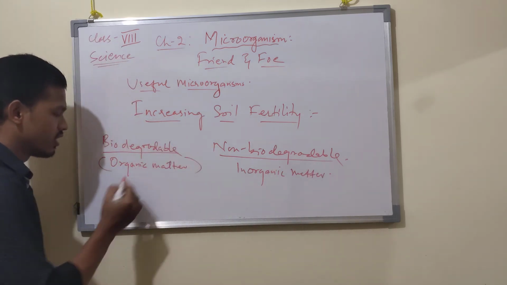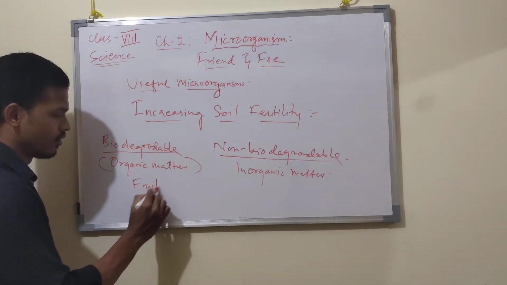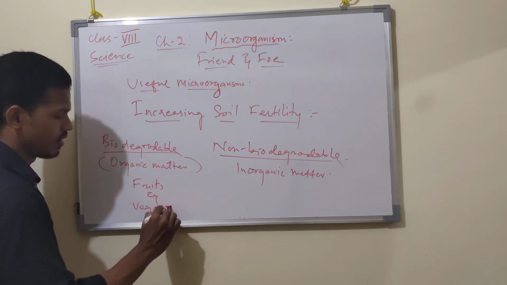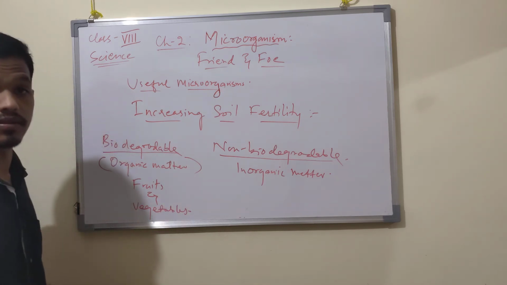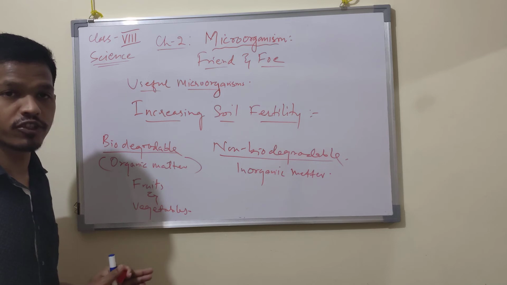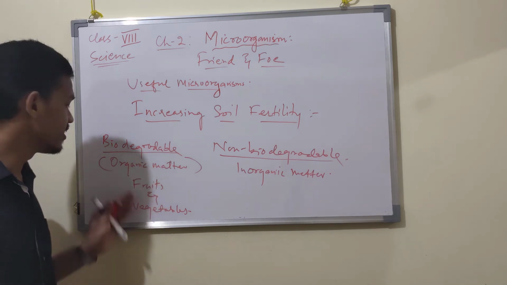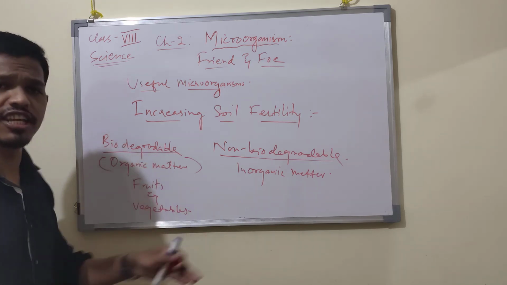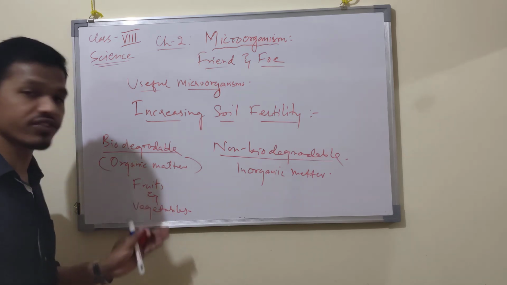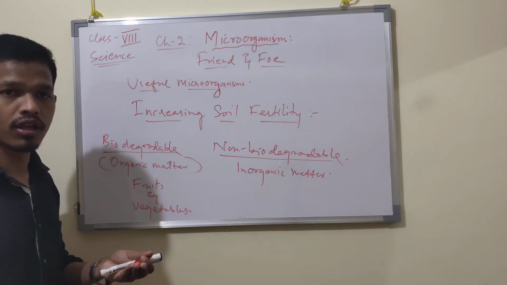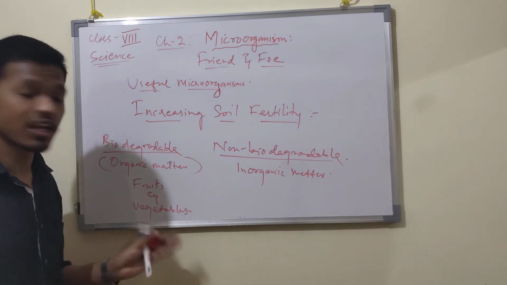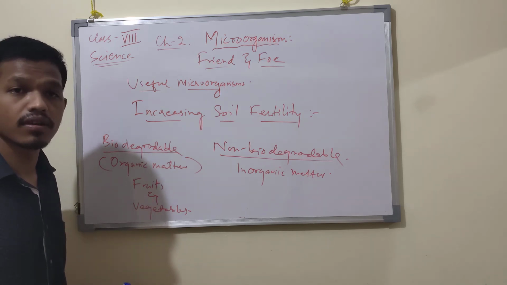Organic matter consists of fruits and vegetables, banana peels, fruit peels, or leftover foods. These are called biodegradable. They can be easily mixed in the soil. If you throw them outside, they will stink. If they are not decomposed in the soil, then they may cause many diseases.